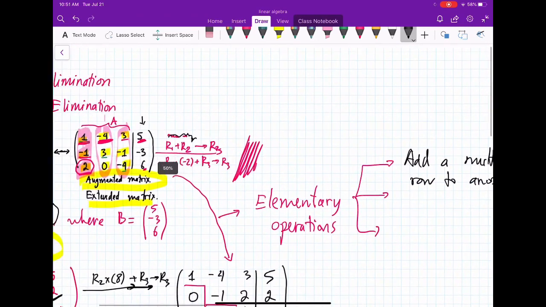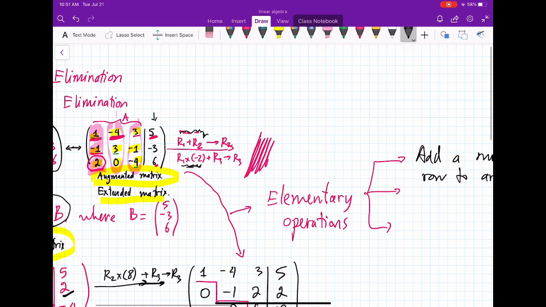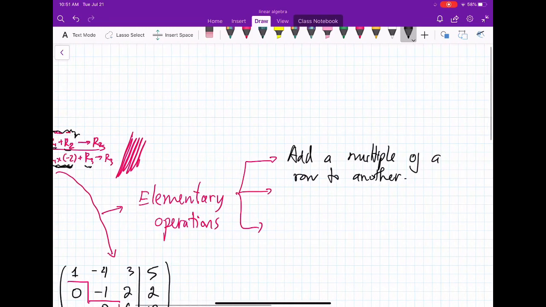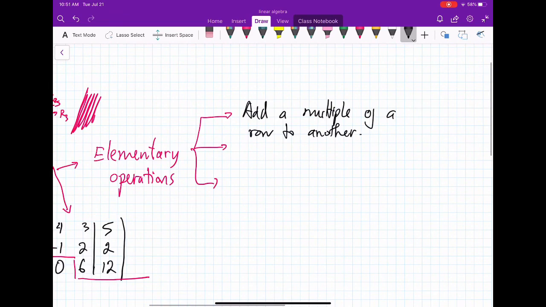So we don't change anything. You see, this is a multiple of R1 added to the third, right? Or a multiple of R1 added to the second means, in this case, just multiply by 1. We don't change the system. We have an equivalent system.